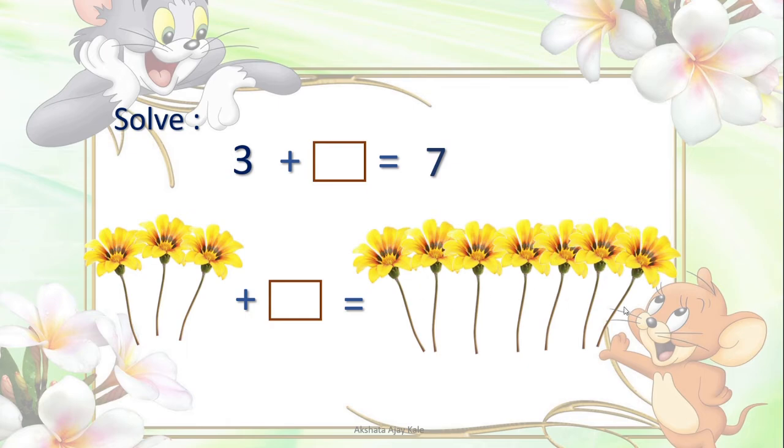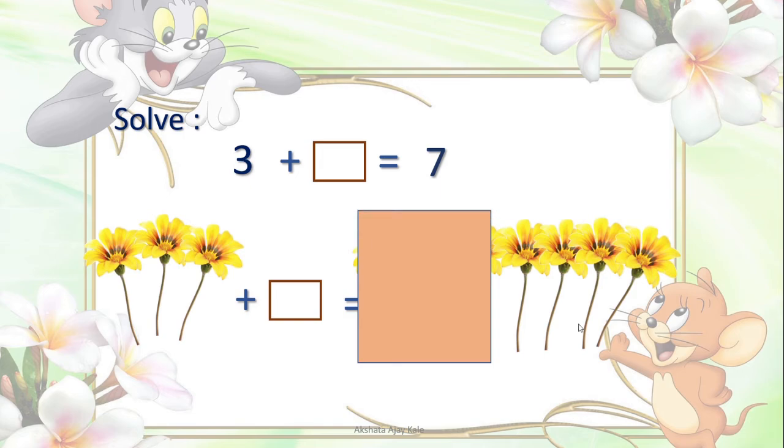7 flowers. Isn't it? We have already number 3. So we will cover 3 flowers here. Okay, see this. 3 flowers we have covered. Now we will count how many flowers left. See, this is 1, 2, 3, 4. Got this? Here the number should be 4. Isn't it?